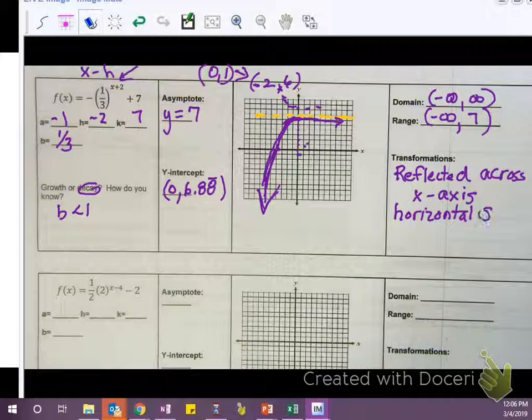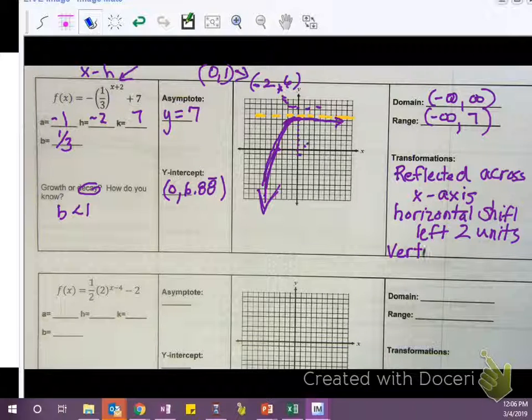Horizontal shift left 2 units. You must tell me how far. You can just tell me it's shifted left or moved left, but you have to tell me 2 units. What did the plus 7 do? Shifted up.